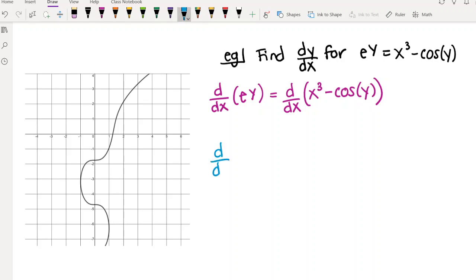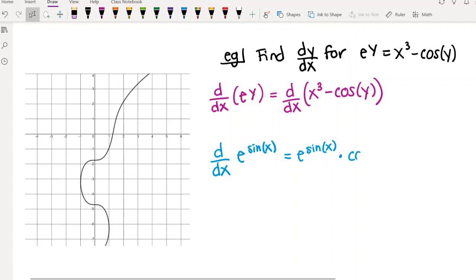Let's say you were taking the derivative of e to the sine of x. Totally separate, not related to this question, just a side example, because I think it's easier to see how the chain rule works in examples like this. So how would the chain rule work here? Well, the outside part of the derivative would be e to the sine of x. It would leave that exponent the same, because it's like taking the derivative of e to the u, and the derivative of e to the u is just e to the u. And then you multiply by the derivative of the inside function, which is in this case the exponent. So you'd multiply by cosine of x, because that's the derivative of sine of x.